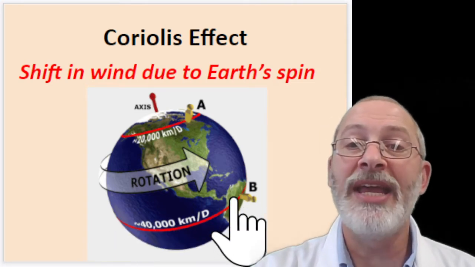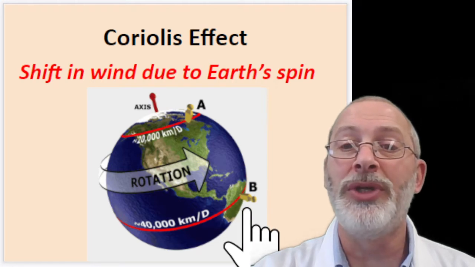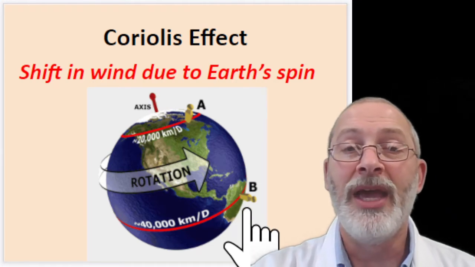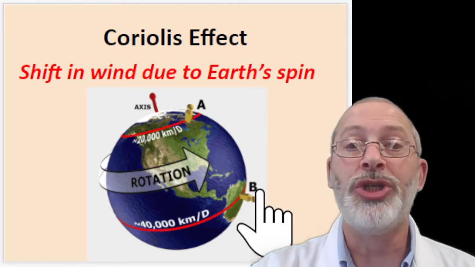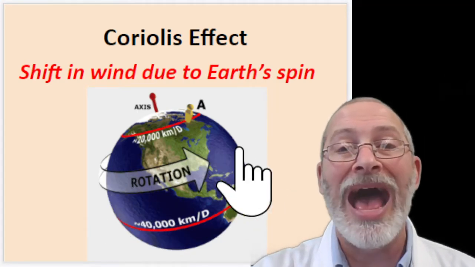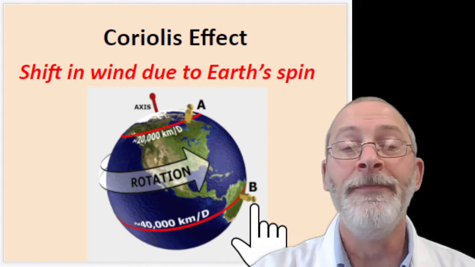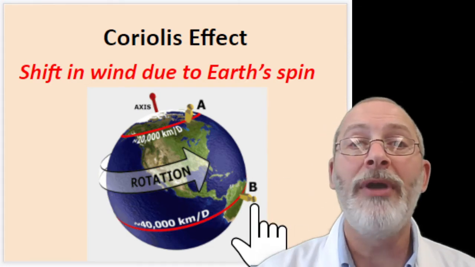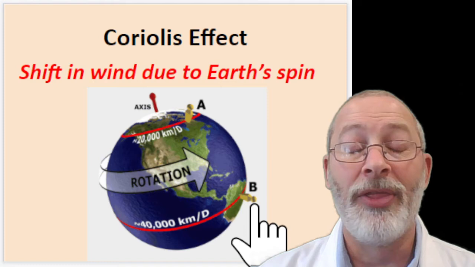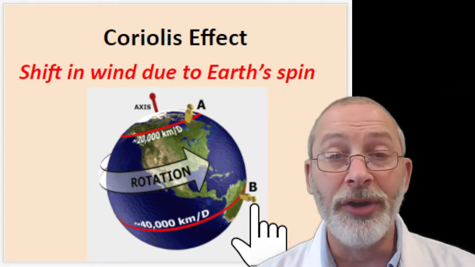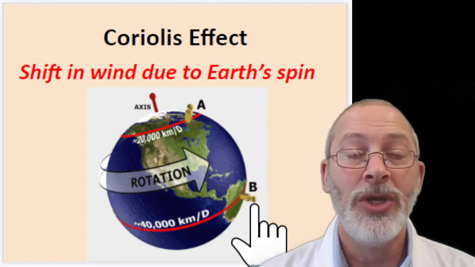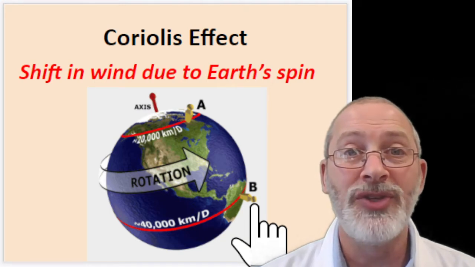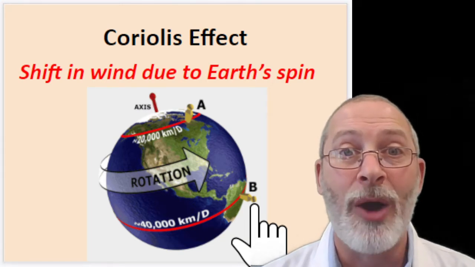If you were standing on the equator like this little dude at location B, in the course of one day, which is 24 hours, you would go all the way around the circumference of the Earth, which is 24,000 miles. So you'd be traveling 24,000 miles in 24 hours.